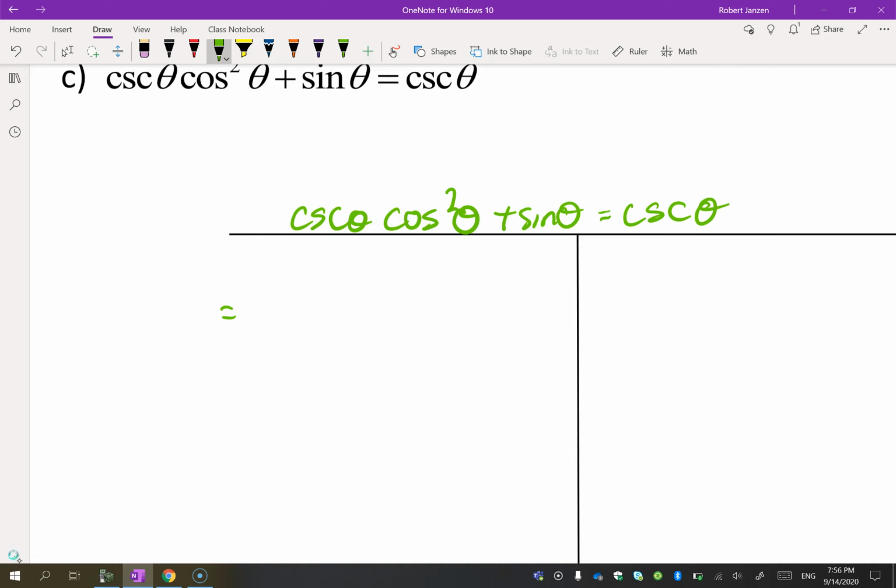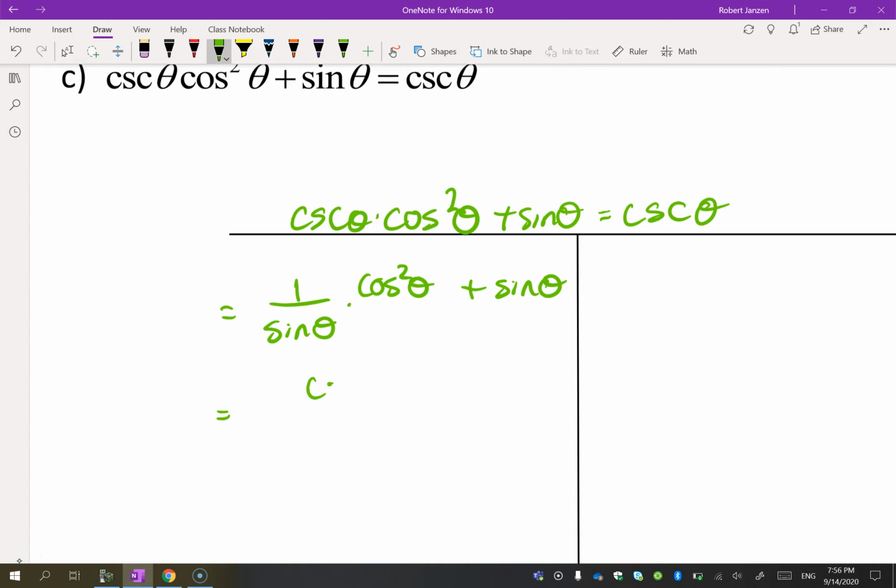We have a cosecant there, which is multiplied by a cosine. And then we have a sine here. So maybe it makes sense to change the cosecant to sine, because then maybe I can put those two fractions together. So I'm going to go 1 over sine times cos squared plus sine.